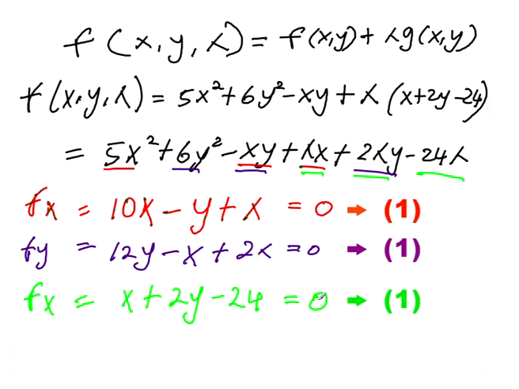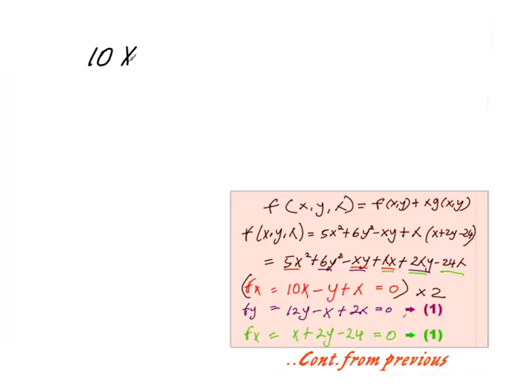In order for us to solve it, we have to equate the lambda to obtain the relationship between x and y. To make both the lambdas equal, we have to multiply this function by 2 so that we get 2 lambda. 10x minus 2y plus 2 lambda equals to 0, and this is fx.